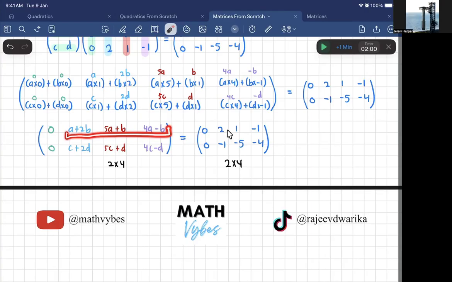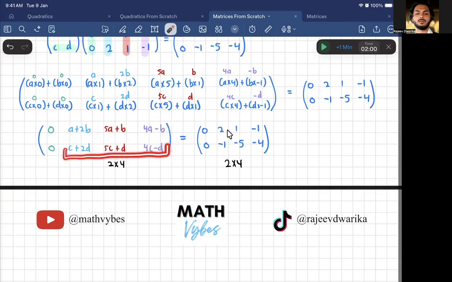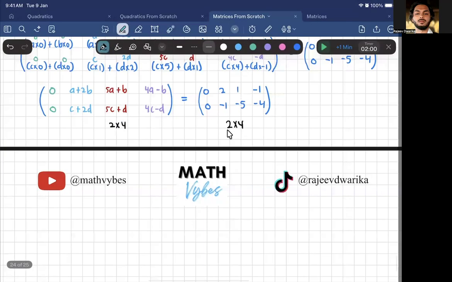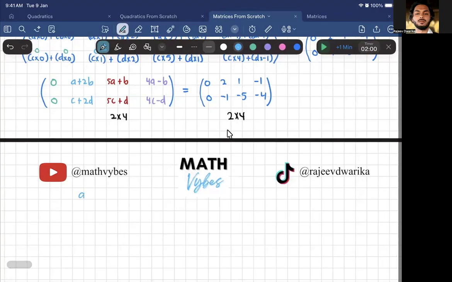You just need 2. Over here, you have 3, but you just need 2. So let's formulate a bunch of equations. I could say A plus 2B is equal to what? 2. Mira, what would 5A plus B be equal to?